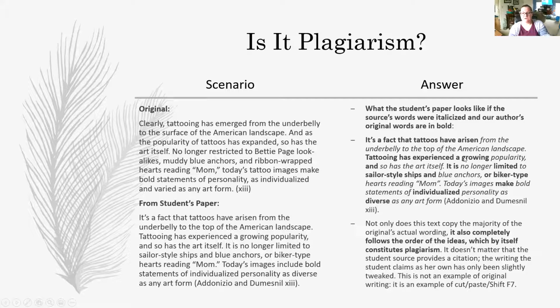So this right here is what the student's paper would look like if, again, the source's words are in italics and the student's words are in bold. So just a quick glance, without even really thinking about it too much, we can see that there's a lot more bold in this one than there was on the previous one, right? So we're heading in a better direction, but let's look here.